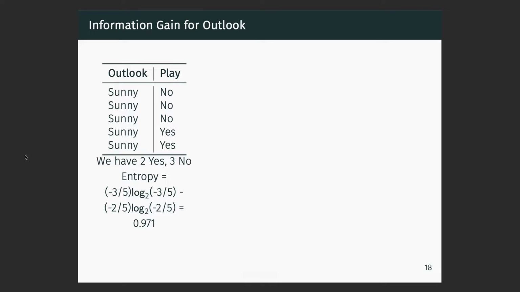Okay, I'll walk over the solution now. The way you want to go ahead is you first split the 14 examples into the 3 subsets. Right? First, you have outlook equal to sunny. You have 5 examples in which you have 3 times you don't play and 2 times you play.